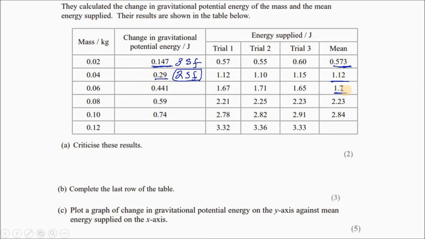So 2SF and 3SF, and then again 3SF. So you again have inconsistent significant figures. The meter is showing 3SF values everywhere, meaning the mean value should have at least three significant figures. So that's what you can write in criticizing your result for 2 marks. For the first column, inconsistent, it should have 3 SF.